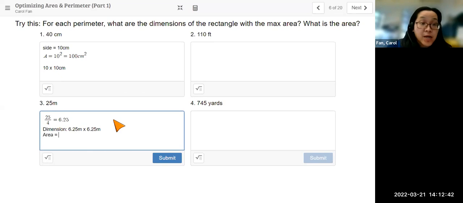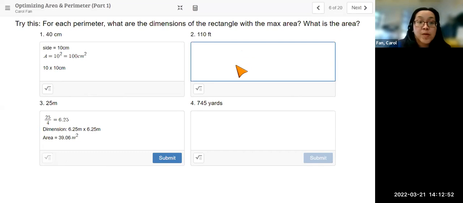And our area is equal to 39.06 meters squared. Our dimension here, 27.5 feet by 27.5 feet.